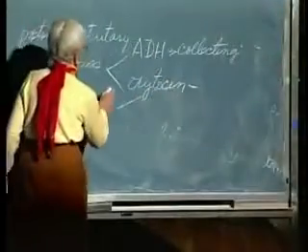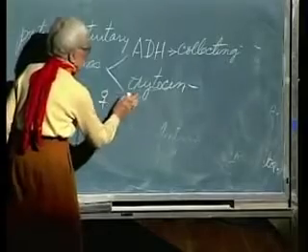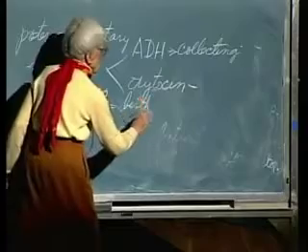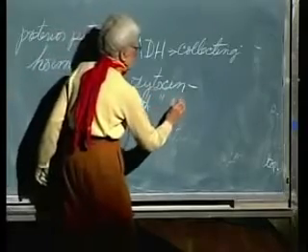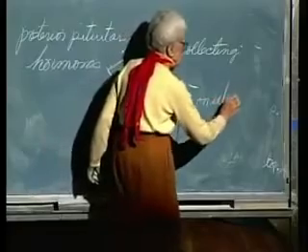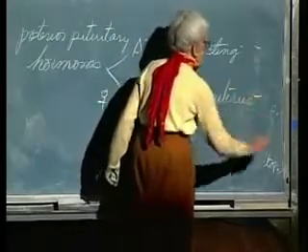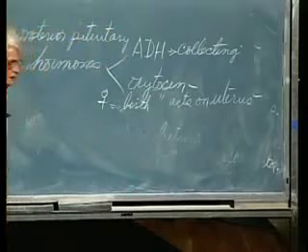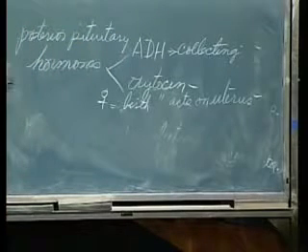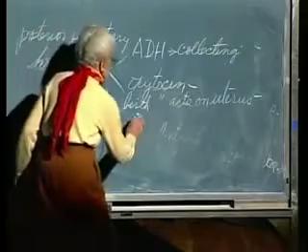In the female, during birth, oxytocin acts on the uterus to induce contractions for birthing.